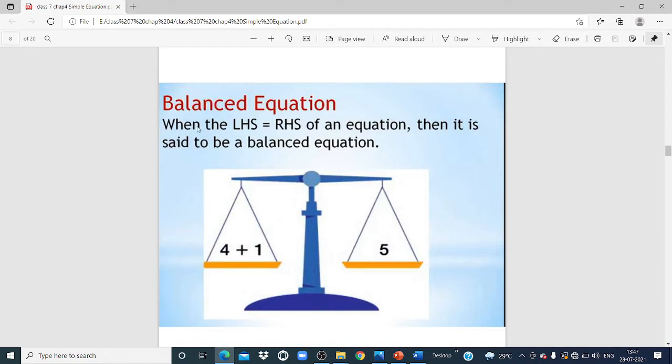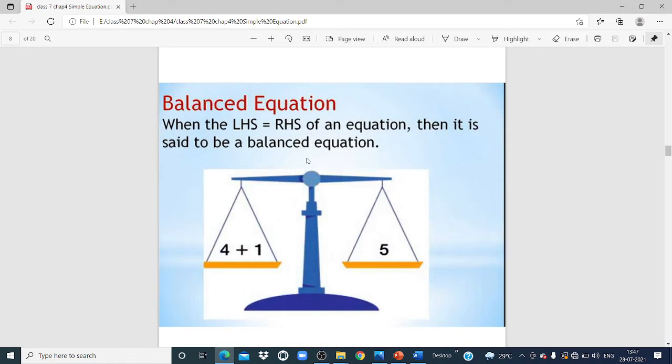When the LHS is equal to RHS, when the left hand side and right hand side of the equation are both the same, at that time we can say that it is a balanced equation. Clear? Understood? 4 plus 1, answer is what? 5. Same we have on the right hand side, 5. So we can say that both are balanced.